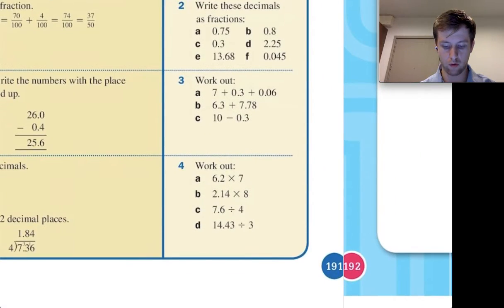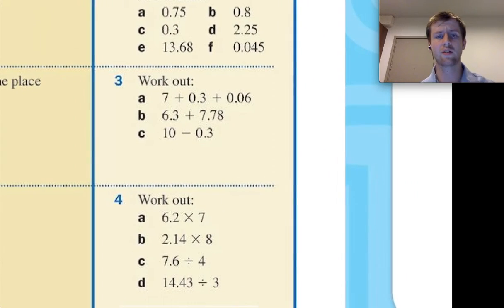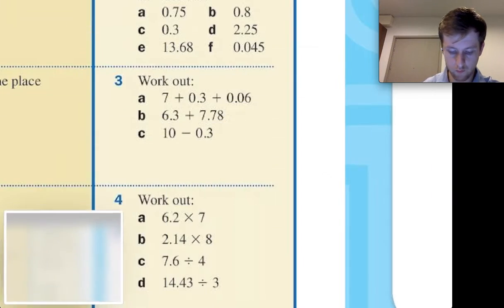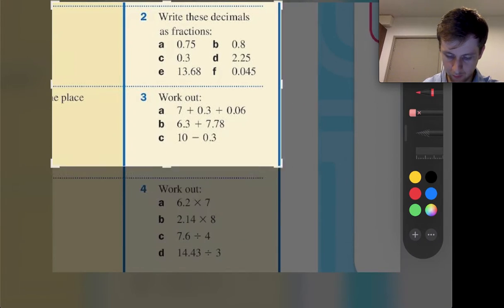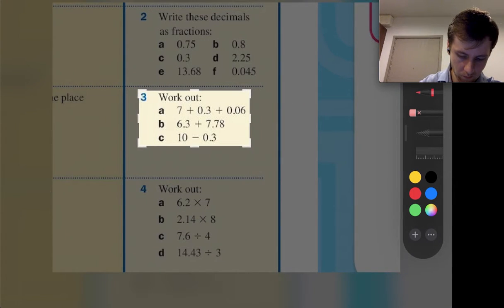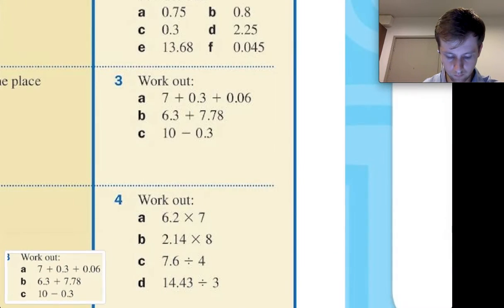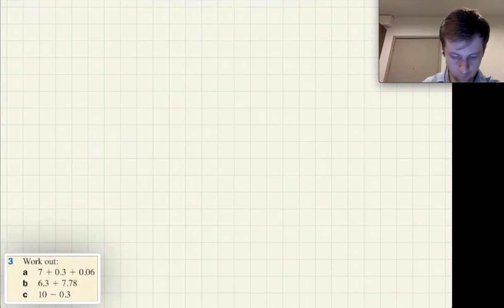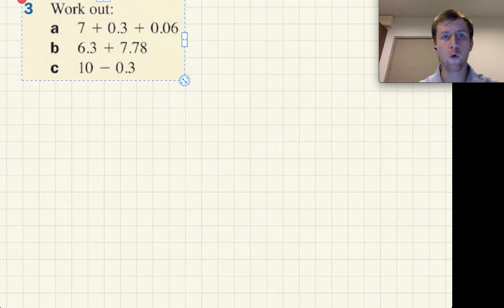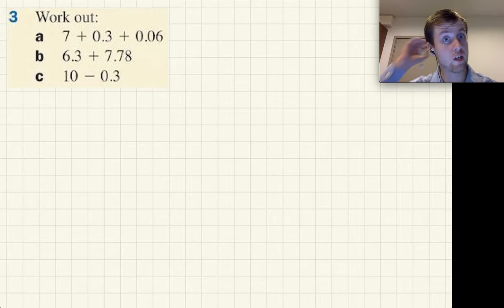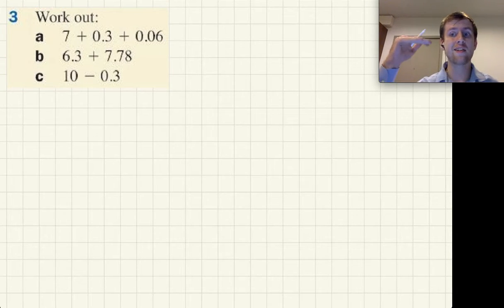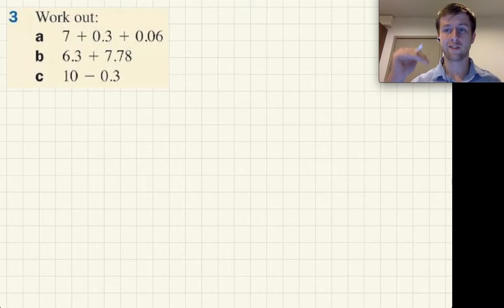We have a decimal addition. So 7 plus, okay, let me copy this first. Okay, so what's important to add decimals is we have to place the point under the point.